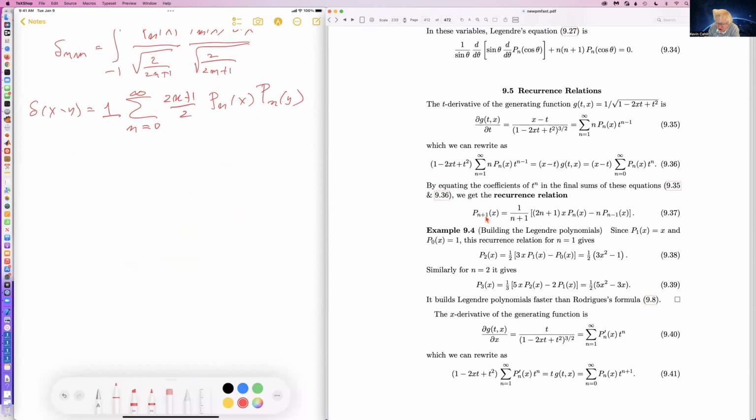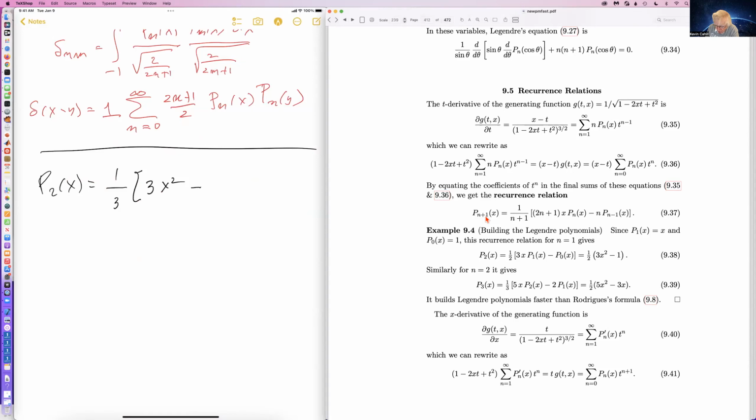In fact, let's just look at that as an example. What we'd have would be P2 of x would be 1 over 3, and it would be 2n plus 1. So n is 1 here. So this is then 3 times x times P1, that's x. So that's x squared minus n, which is 1, times P0. P0 is 1.